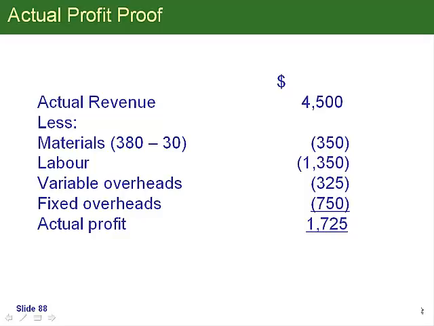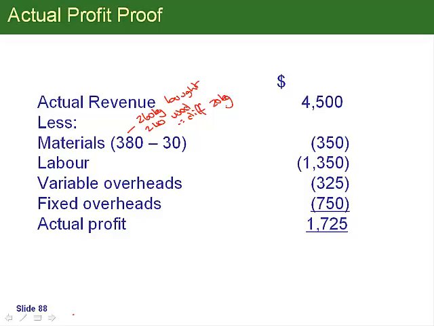Now notice here for your materials, the 380 represents the 260 kilos that we bought, but we only used 240. So we've got here a difference of 20 kilos that we didn't use that will actually get used next time.